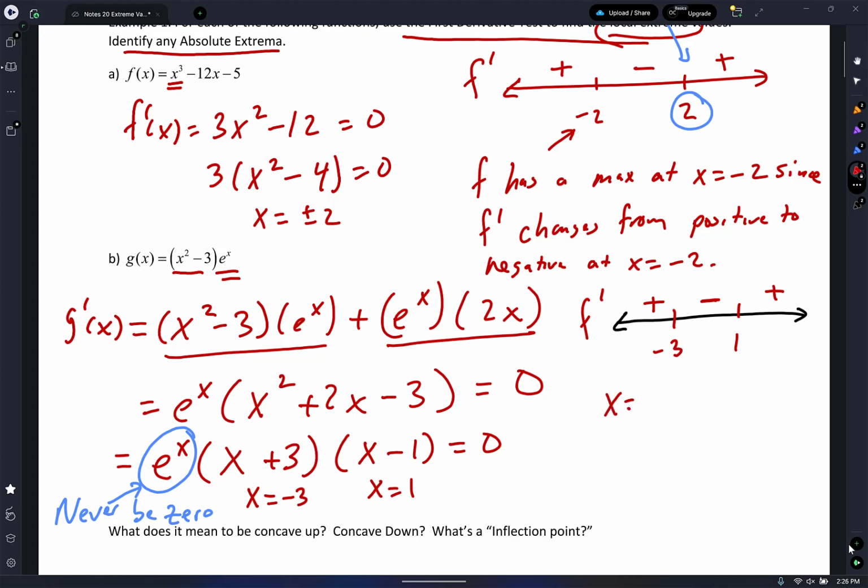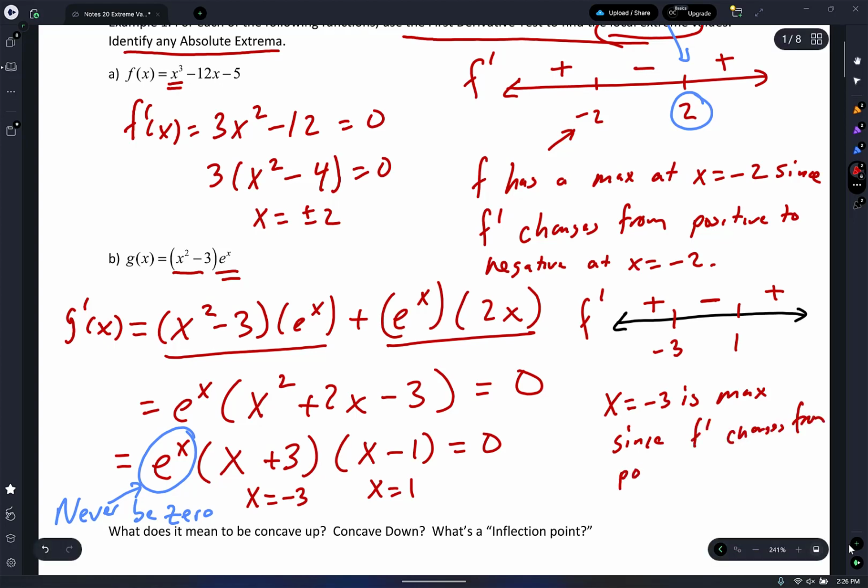So x equals negative 3 is max since f prime changes from positive. What happened, miss? Oh, it's G. So this should not have been F prime, should have been G prime.